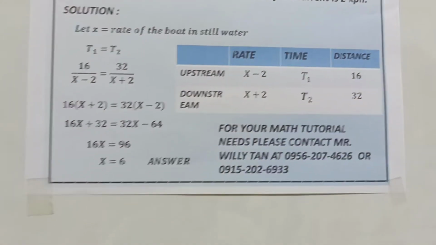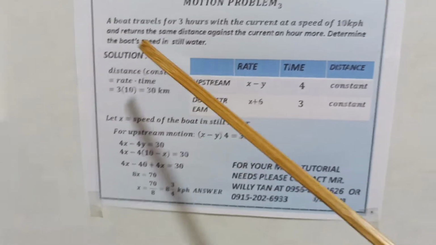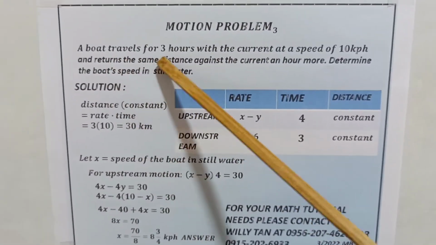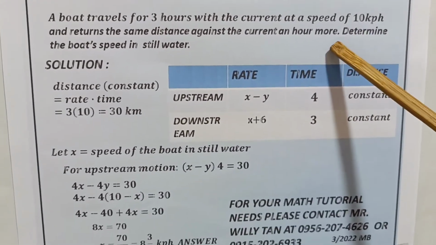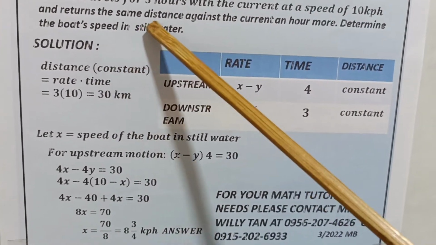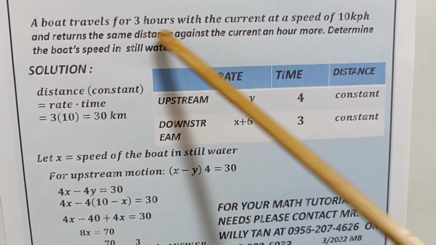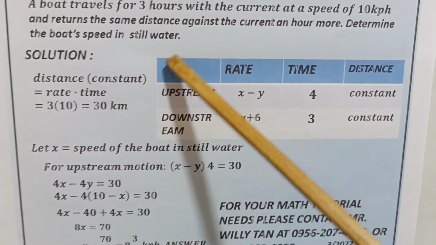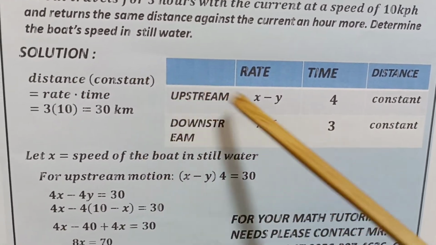For problem number 3, the problem states that a boat travels for 3 hours with a current at a speed of 10 kilometers per hour and returns the same distance against the current in an hour more. We are asked to determine the boat speed in still water. In this case, the distance is constant.